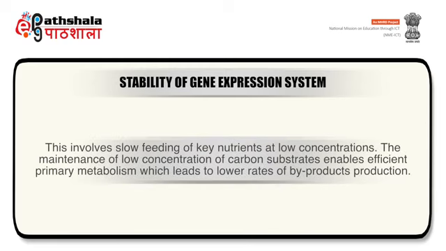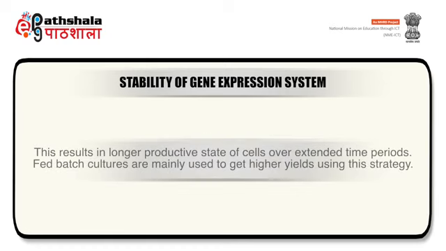This involves slow feeding of the key nutrients at low concentration. The maintenance of low concentration of carbon substrates enables efficient primary metabolism, which leads to lower rates of byproduct production. This results in a longer productive state of cells over extended time periods.